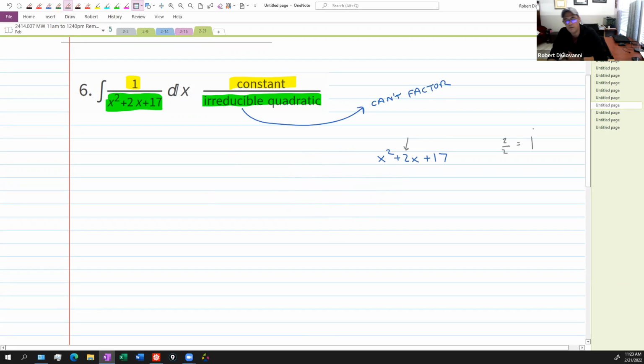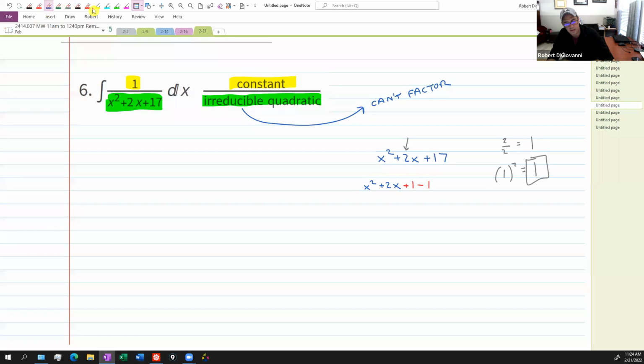That gives us 1. And then we take that answer and we square it, which gives us 1 again. And that's the number that we're going to add and subtract, that hidden 0. So x squared plus 2x, here comes my adding of the 1 and subtracting of the 1. And then I still had the plus 17.